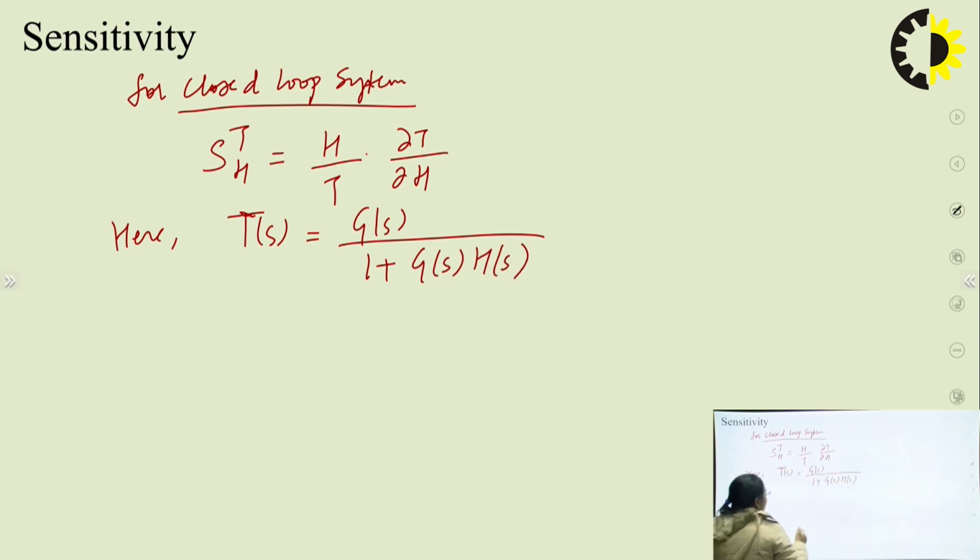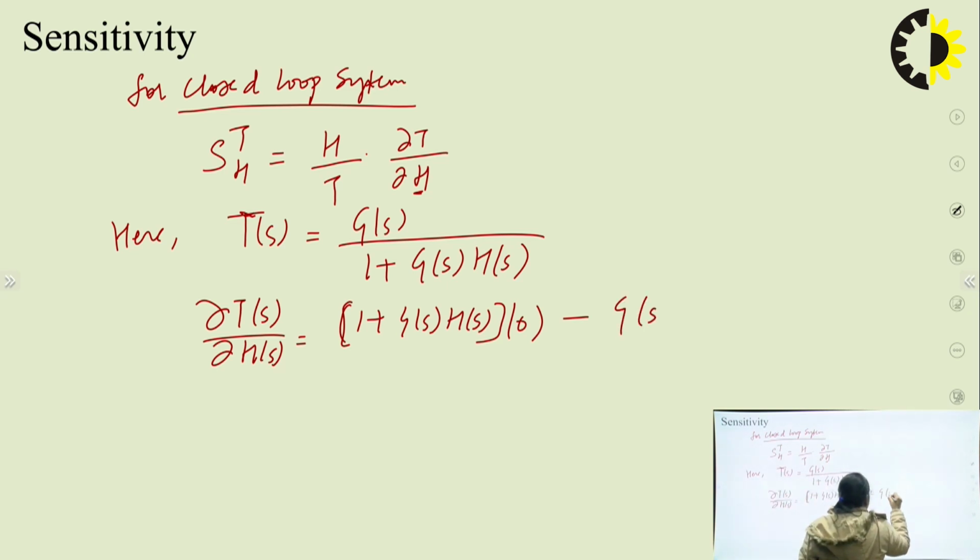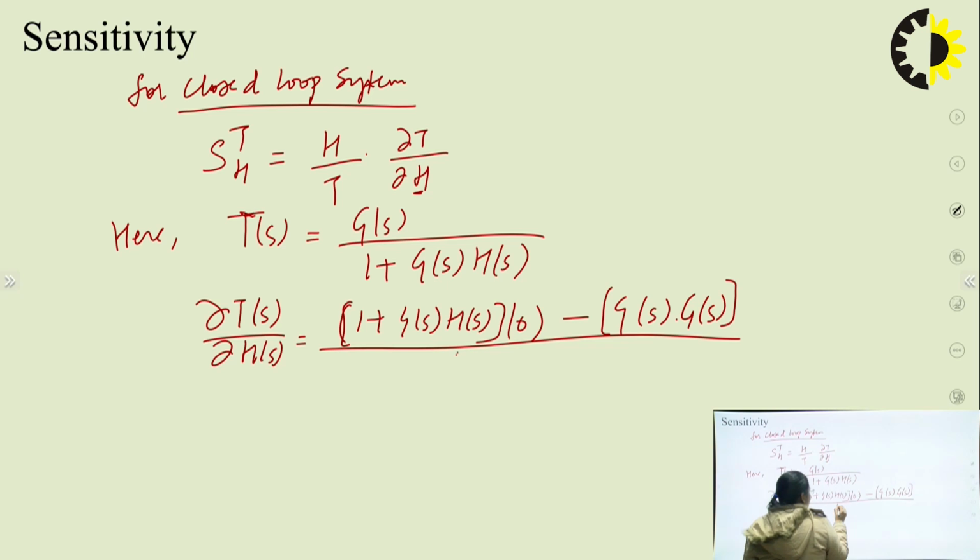Okay. Now I have to differentiate this T(s) with respect to H(s). Now delta T(s) with respect to delta H(s) will be equal to, so denominator will remain as it is here and the differentiation of numerator G(s) will come out to be 0, minus numerator remains as it is and the differentiation of the denominator with respect to H(s) will give again G(s), upon 1 plus G(s)H(s) whole square.